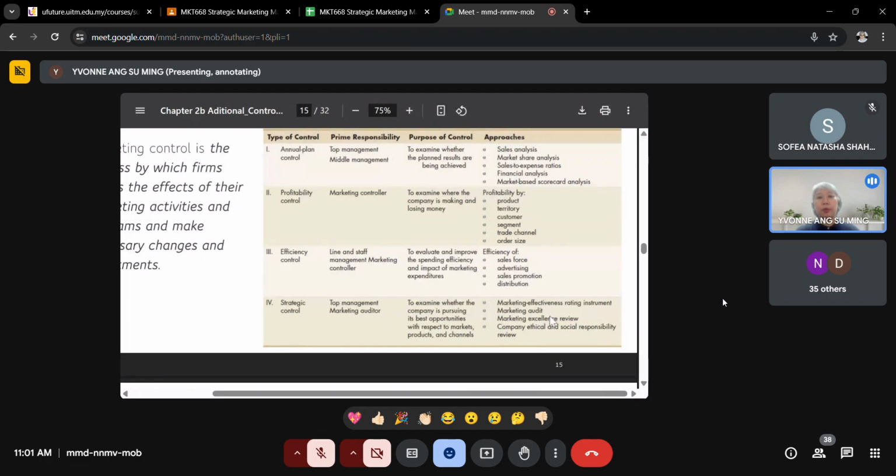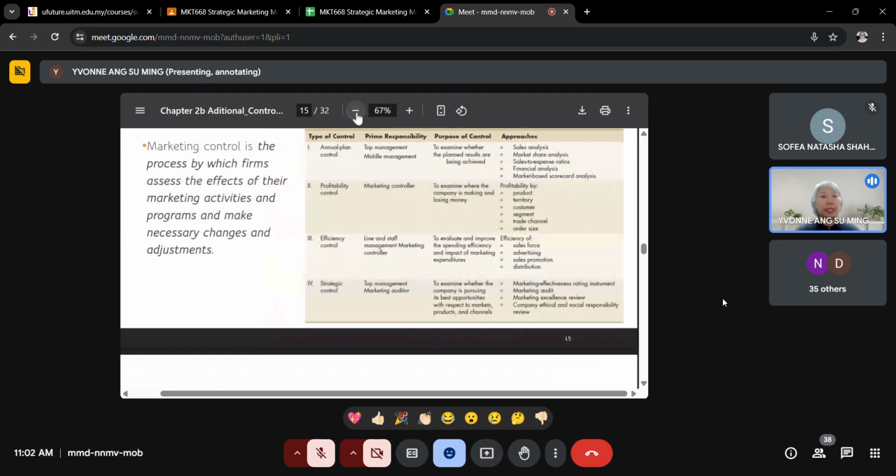They can also move away from financial targets and go towards ethical and social responsibility review. So here they're trying to look at the impact on the environment and whether they are law abiding, right? And doing the right thing. Okay, so as you can see, there are some approaches that they can use here to monitor their strategic control.